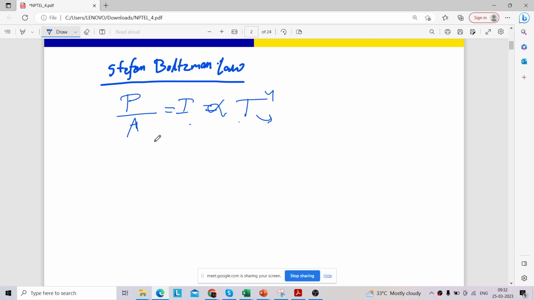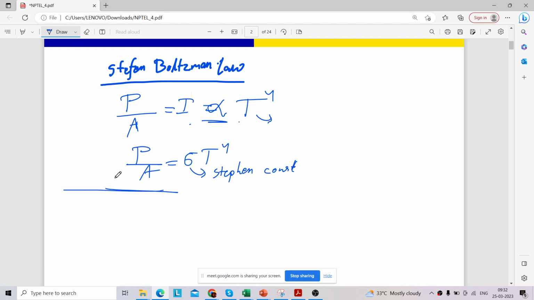To overcome this proportionality, we put a constant here: I equals sigma T to the power 4, where sigma is called the Stefan constant. Right, so we will use this to solve our problem.